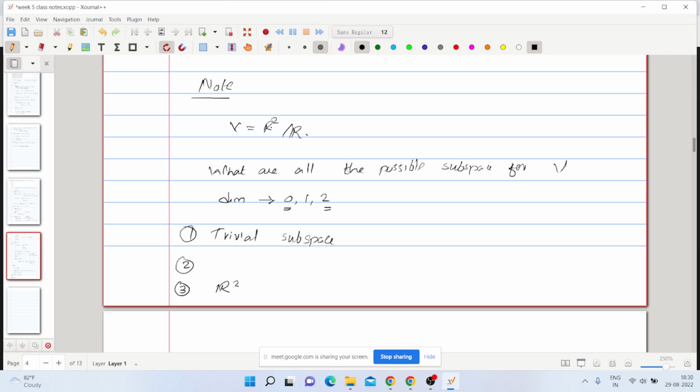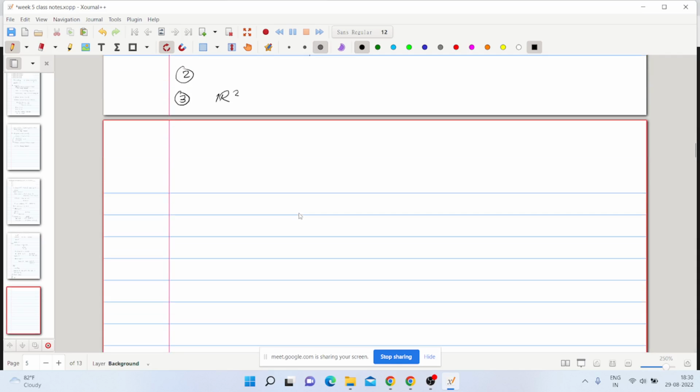So we need to find all the subspaces having dimension 1. We already have one subspace, that is S equal to the set of all x, y such that x plus y equal to 0. x plus y equal to 0 means x equal to minus y. That means the set of all elements of the form x, minus x.